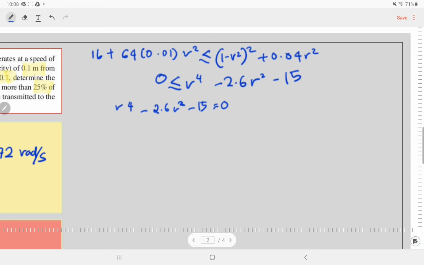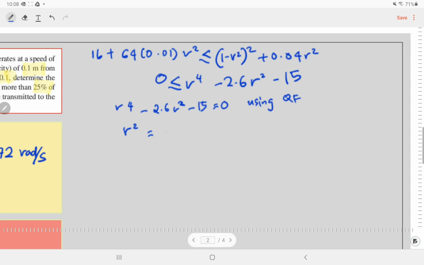Okay, so from there using the quadratic formula equation, you can actually solve for your r. Maybe in the final or in the test, you have your calculator, so then you would have your answer.